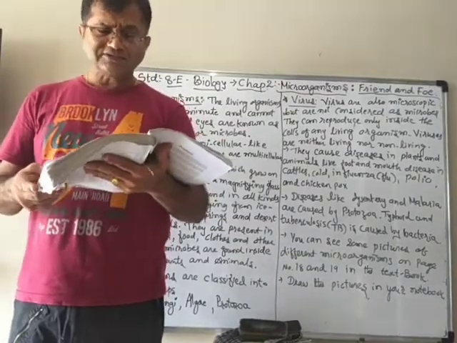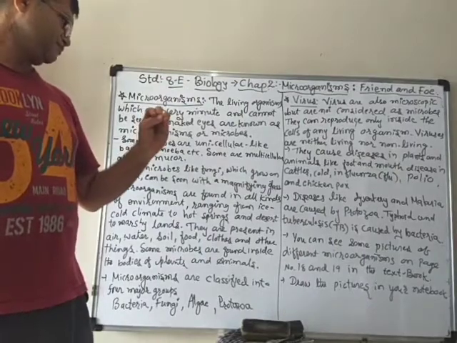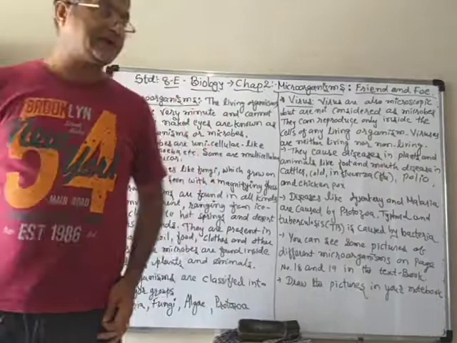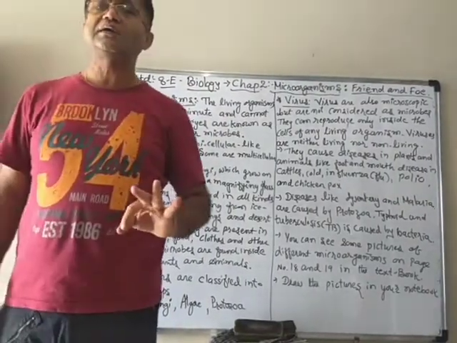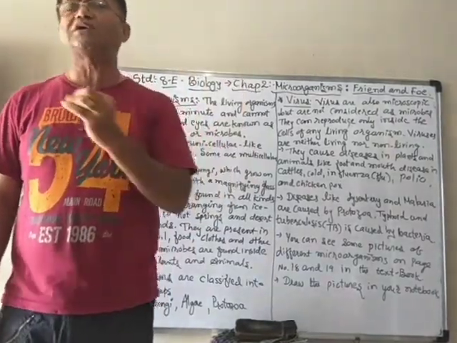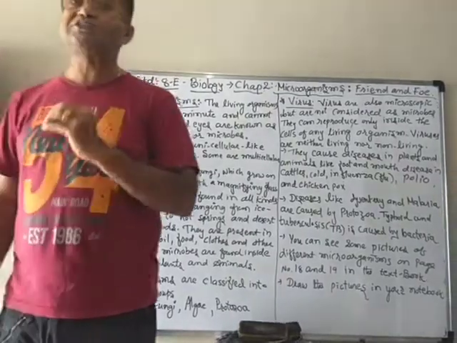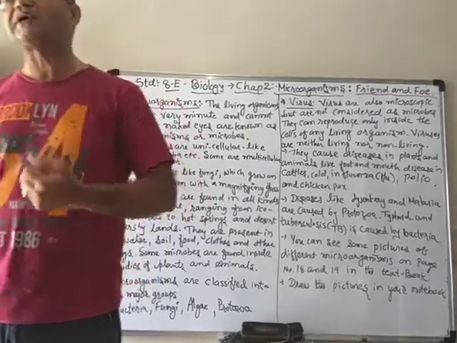So now, as we already talked about what microorganisms are, they are microscopic because we can't see them with the naked eye, and they can be found everywhere. It doesn't matter which type of climate, coldest weather to hottest weather, like an ice cold area or a hot spring in which water is very very hot, they can still survive.